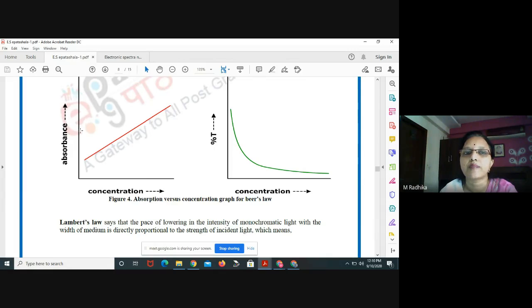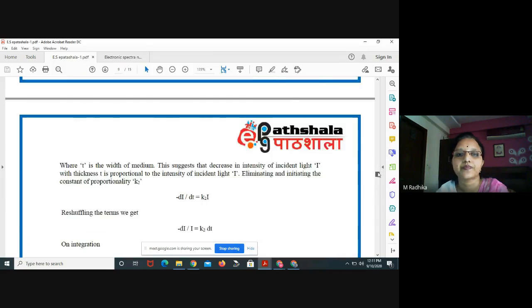So absorbance and transmittance are inversely proportional. So if I want the compound to absorb 100%, the transmittance will be 0. If I want the complex to transmit 100%, the absorbance will be 0. Remember that. So these two are inversely proportional.